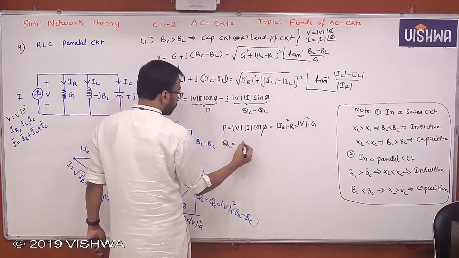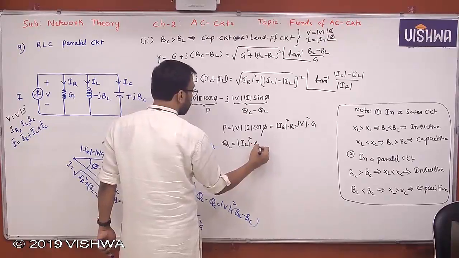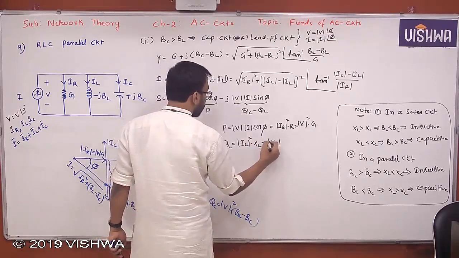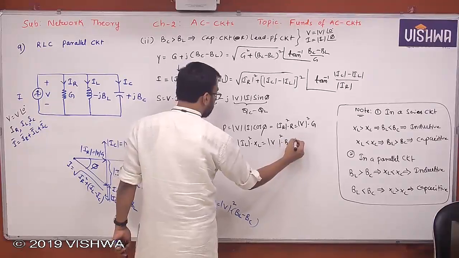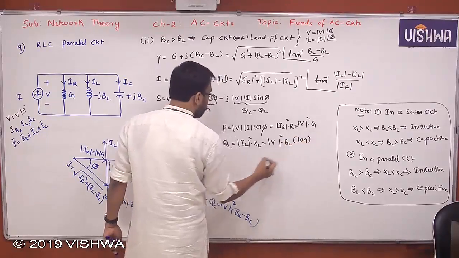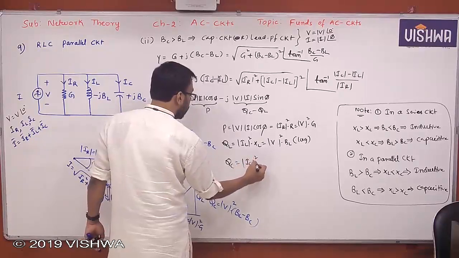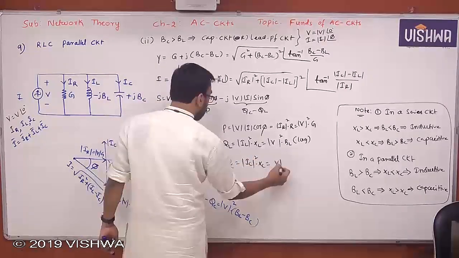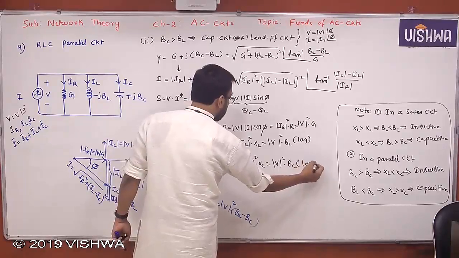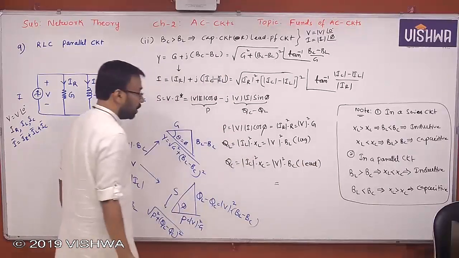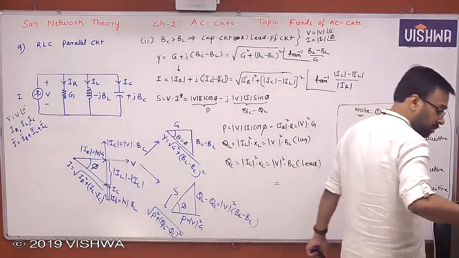QL is IL square into XL, or VL square, nothing but V in this context, into BL, lagging. Similarly, QC also, IC square into XC, or V square into BC, leading. Okay, note down, note down, note down.